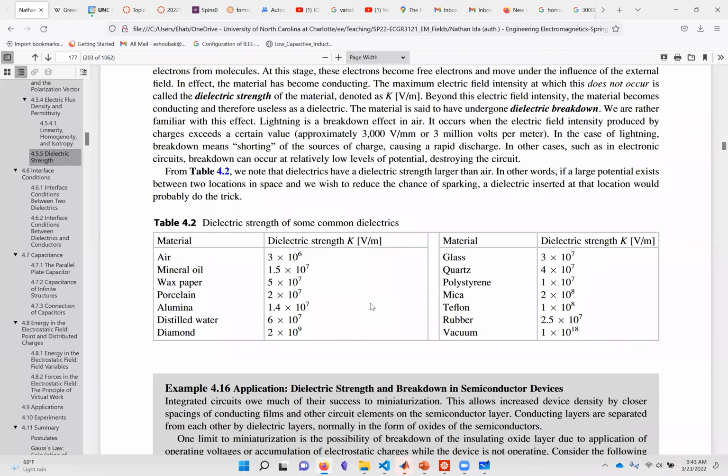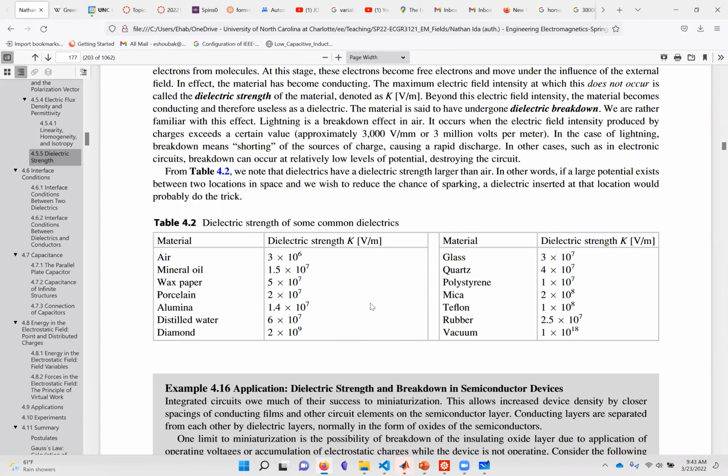If you have a PCB board, for example, and it's in air, that tells you that you cannot have more than about 3 million volts at a distance of 1 meter. What about a centimeter? What about a millimeter? You have to take this volts per meter, and a meter has 1,000 millimeters. So it's going to be 3,000 volts per millimeter.